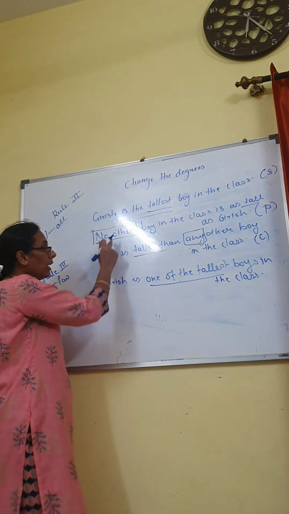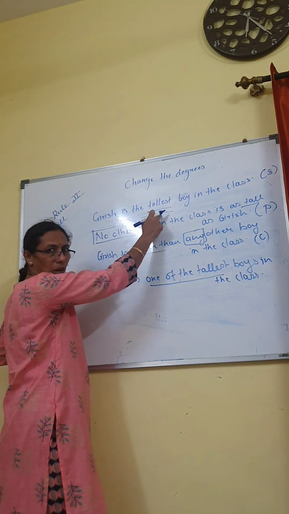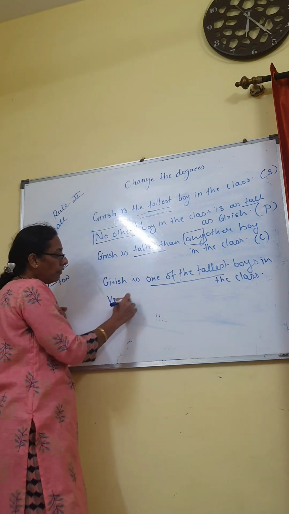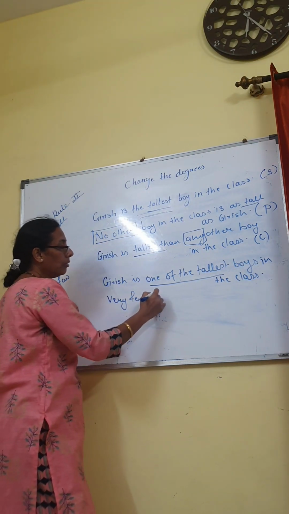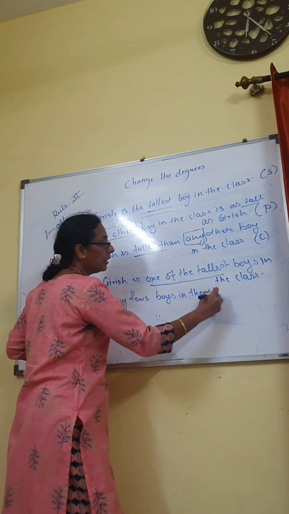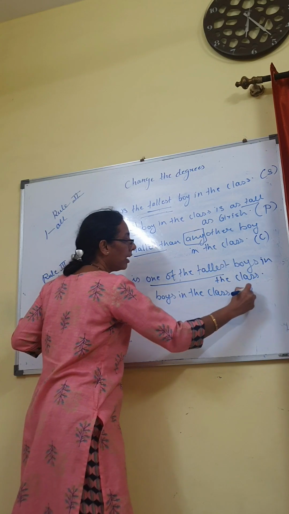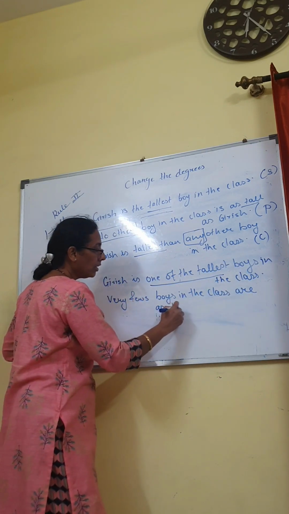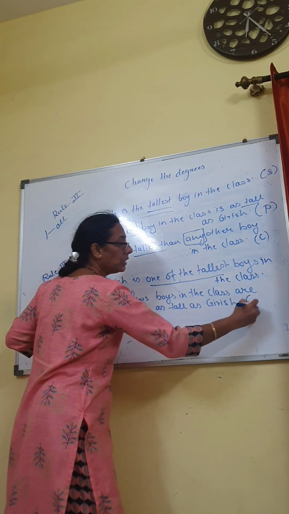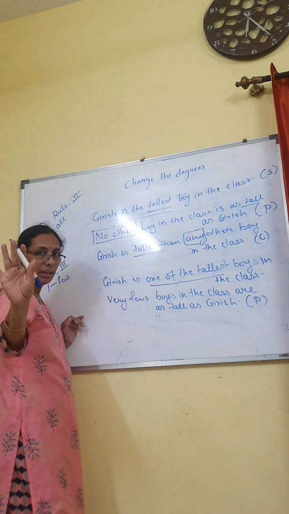So how will you go here? Because he was the ultimate tallest boy in the class, we went with no other. Here we will go with very few. Very few boys in the class are as tall as Girish, which is positive degree.